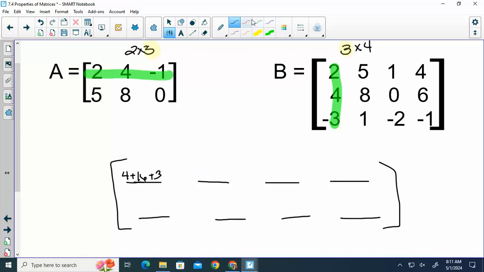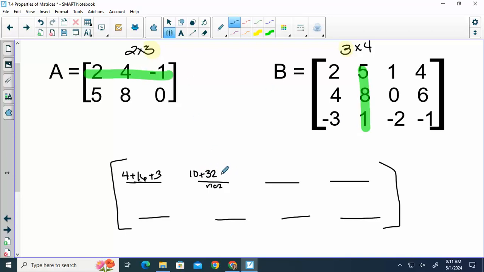All right, the next number. This is row 1, column 2. So to get it, I have to take the first row times the second column. So 2 times 5 is 10. 4 times 8 is 32.